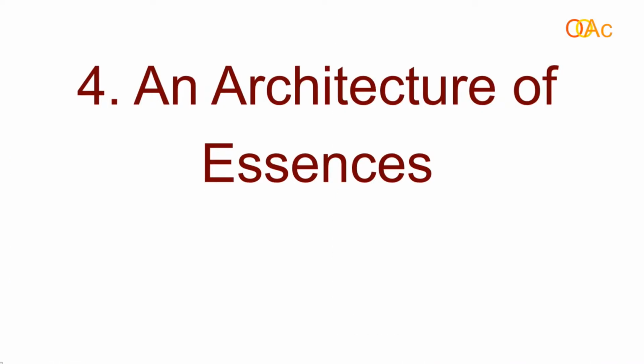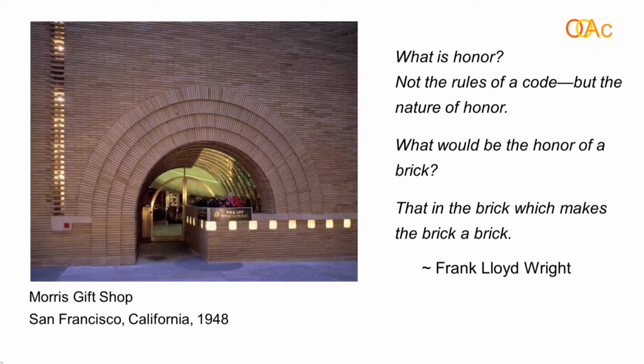Then we have the notion of an architecture of essences. Now, this is a tricky idea, but remember we had that slide in our second lecture by Louis Sullivan where he said the germ is the real thing, the seat of identity. Within its delicate mechanism lies the will to power.